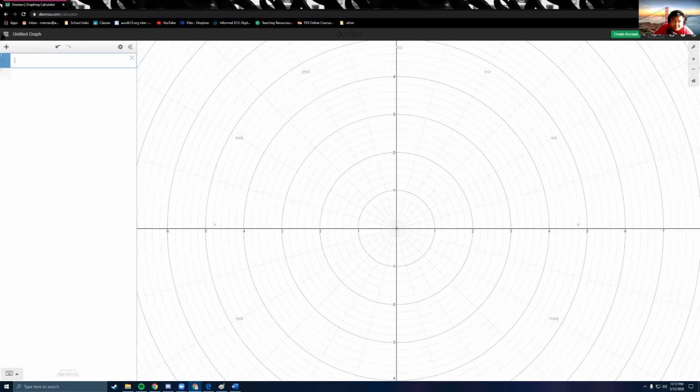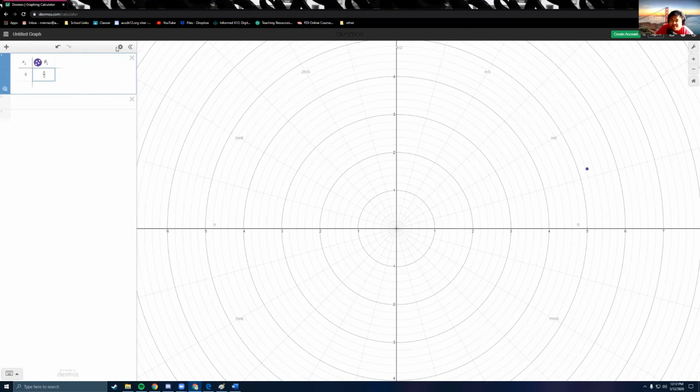So if I make a table, oops, this is, wow, still XY. Can I change it to R theta? Yeah, it can. Okay. Instead, we're making a table of R and theta. So if we type some of those points like 5 comma, let's go pi over 2.